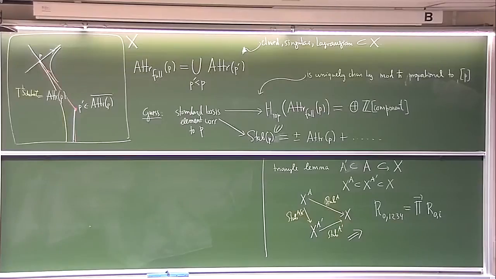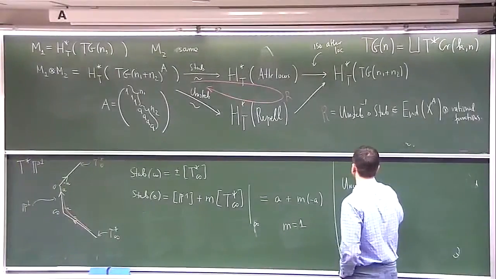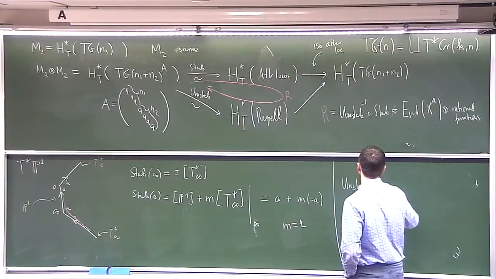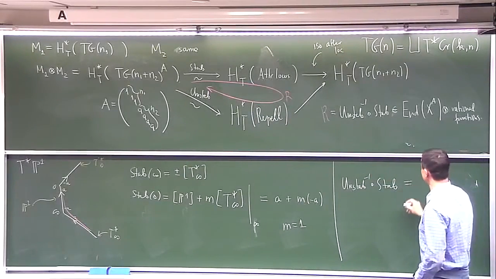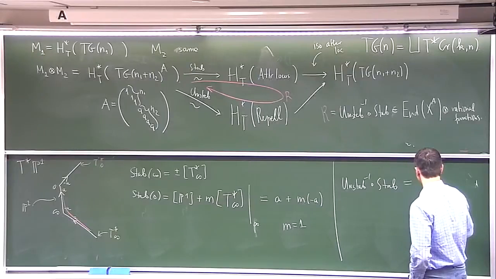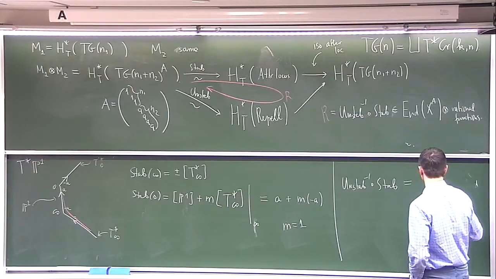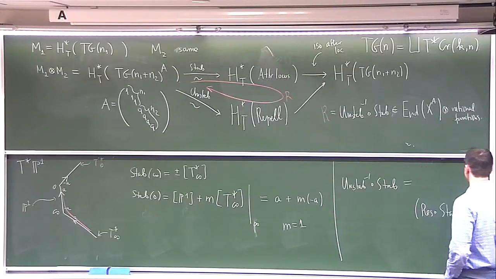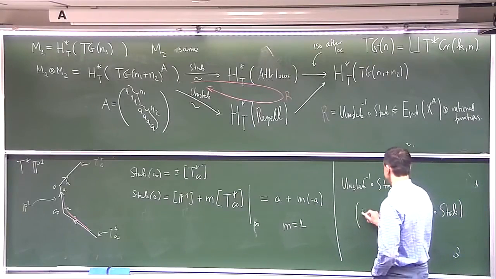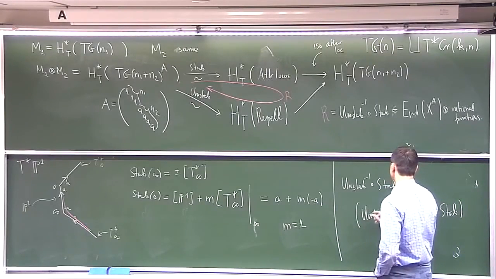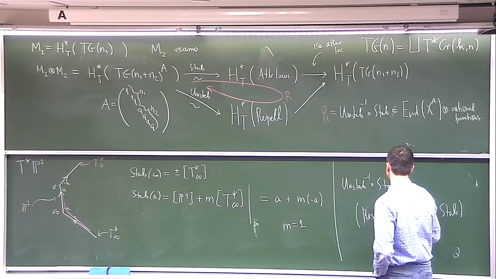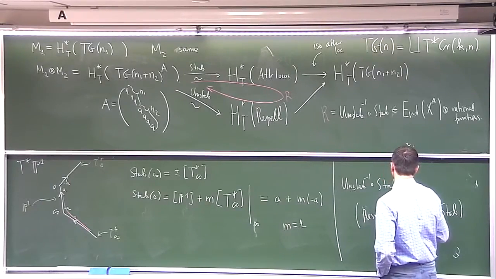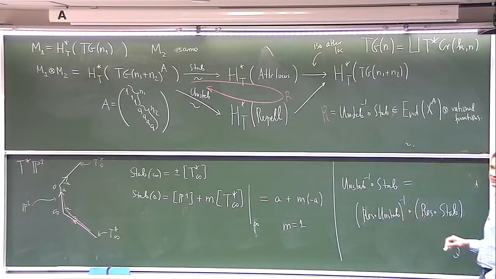If you want to compute unstop inverse composed with stop, it's easiest to compute: first you compute stop composed with restriction to fixed points, and then you compute the composition of restriction and unstop to fixed points. Yeah, everybody agrees? So this is the restriction back to fixed points.